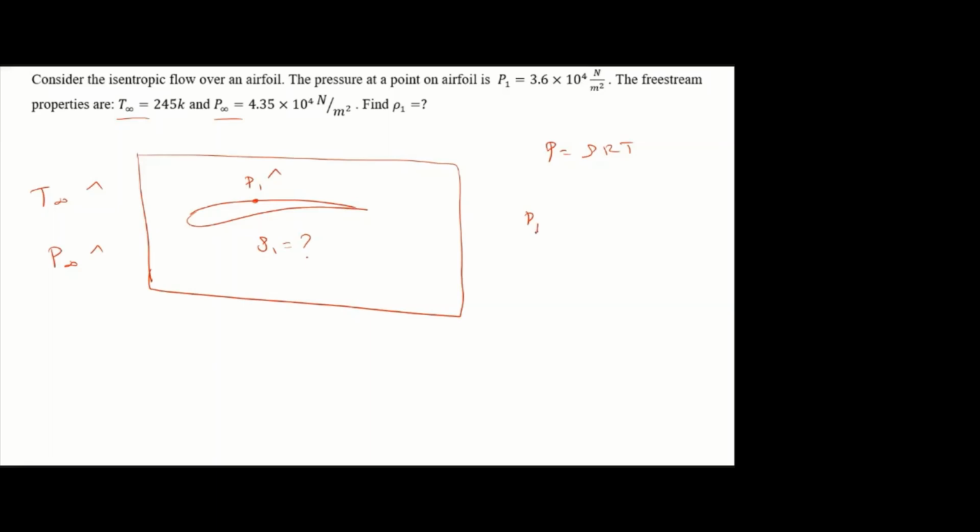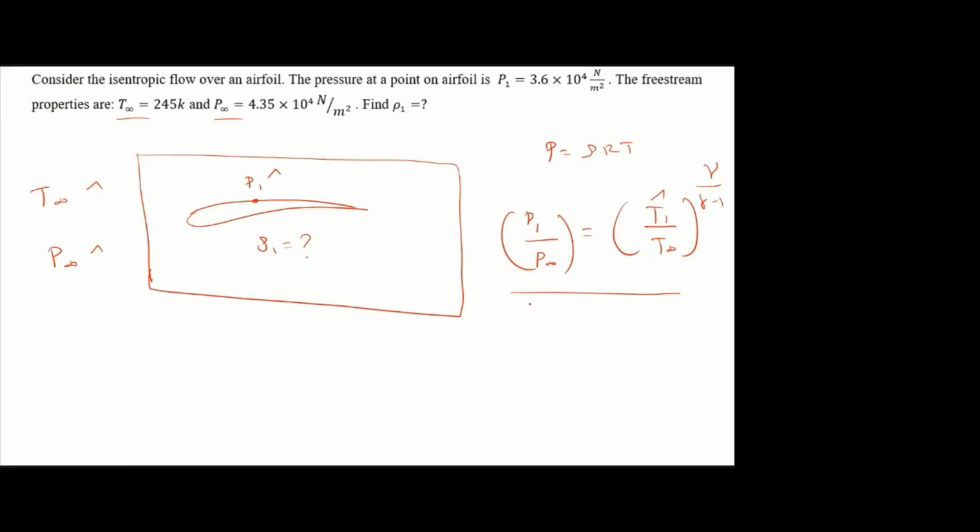If you apply here, it will be P1 by P infinity equals T1 by T infinity power gamma divided by gamma minus 1. This is what you are telling, right? Yes, sir. This is one relation. Using that, you can find the T1.